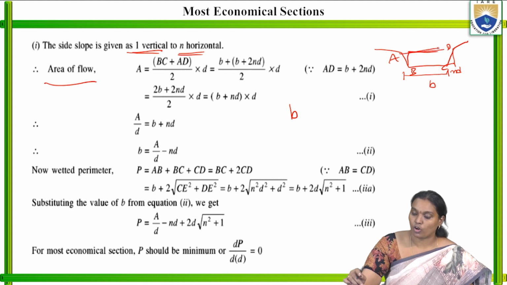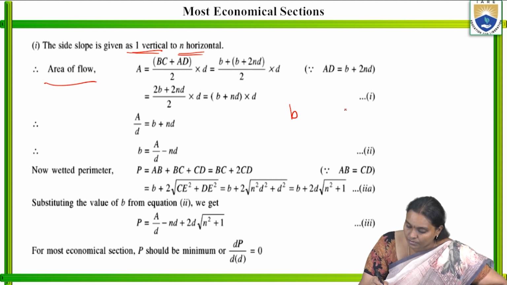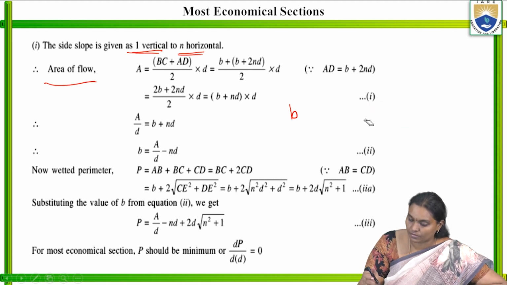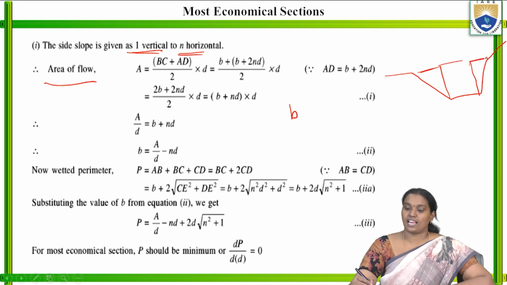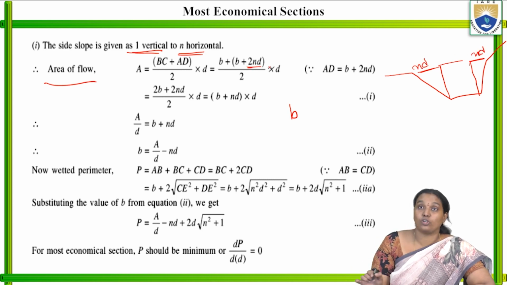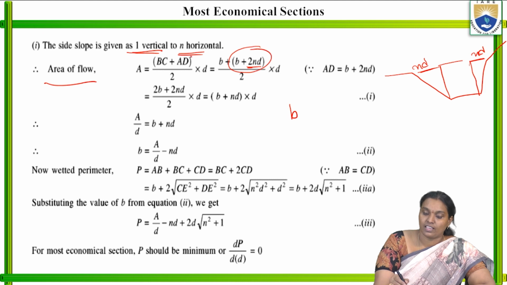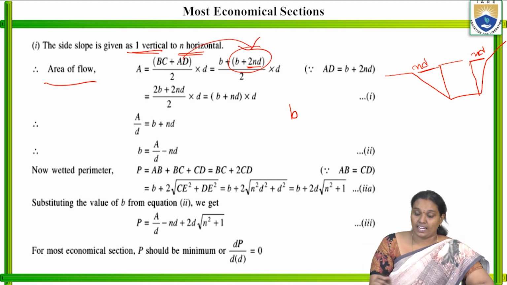Coming to the top, this is b, and the extension is n into d on each side. These n into d and n into d make twice, that's why this is 2 into n into d plus b. This is for AD.